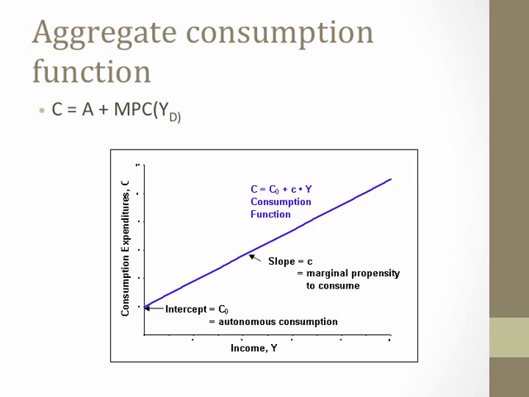So you notice how they don't meet. You'd have some consumption even with zero disposable income. And then as your disposable income increases, you increase your consumption as well. To find the slope, it is just your MPC. So 0.8, 4/5, or something like that. But you see that it's positively sloping.